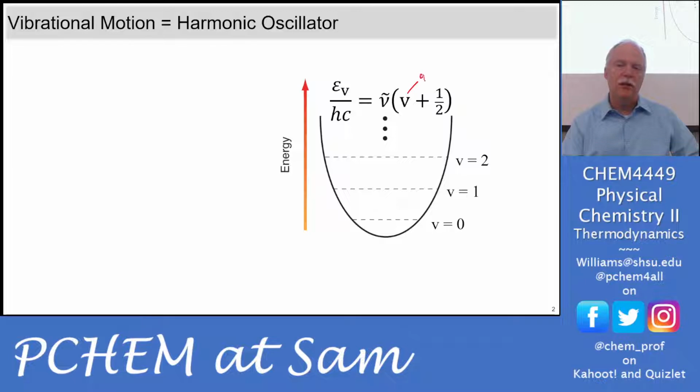So this is the quantum number, just to refresh your memory, and that's a v. And this is nu. The Greek character nu is the vibrational frequency. And the little tilde means it's in wave numbers.